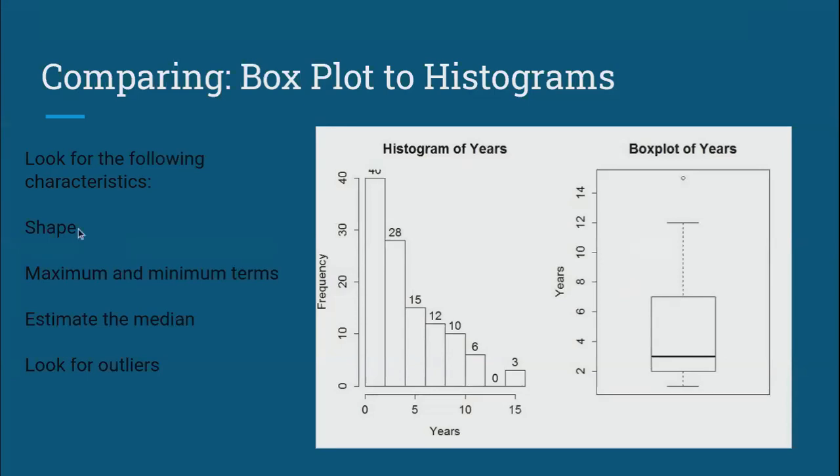Because in a box plot the box is made up of medians, we would then have to look at the histogram and estimate where the median would be, because again, we are trying to match. And then we look for outliers. And remember, outliers are just those things that lie outside the bulk of the data. Okay, so let's look at the histogram first.